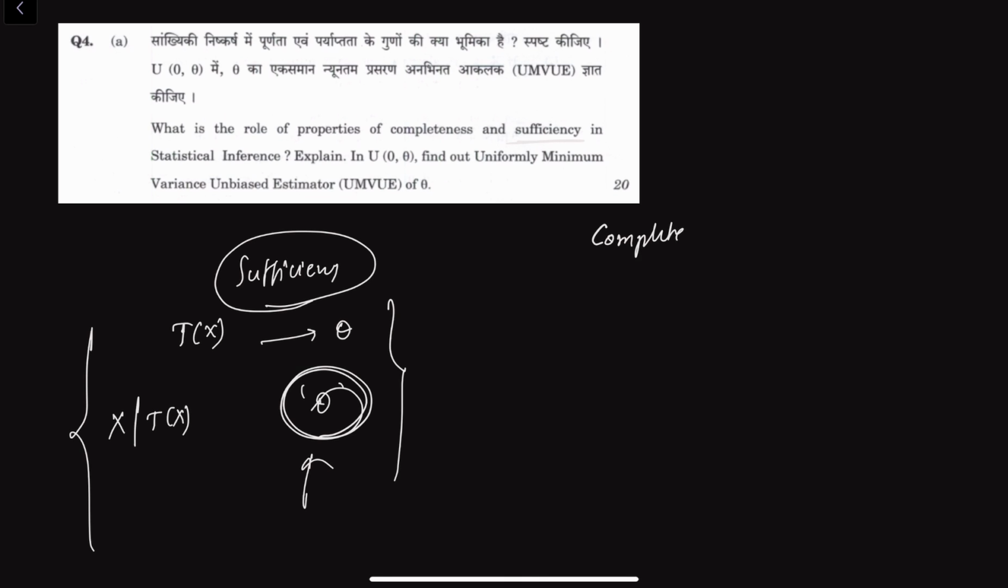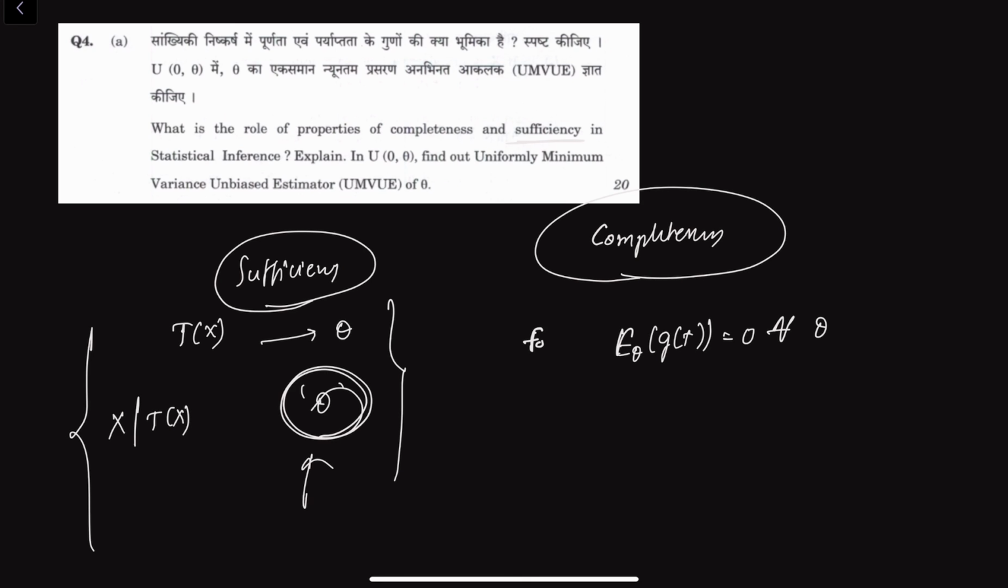Now if we come to completeness. A statistic T is complete for a family P theta if, whenever there exists a function g such that the expectation of g of T is 0 for all theta, then g of T is equal to 0 almost surely.